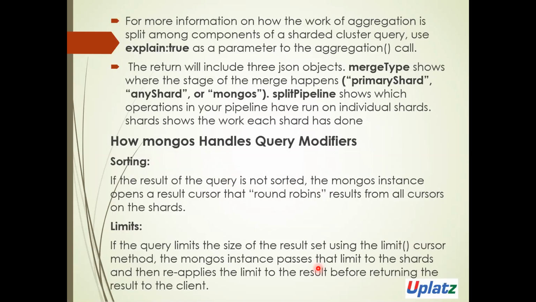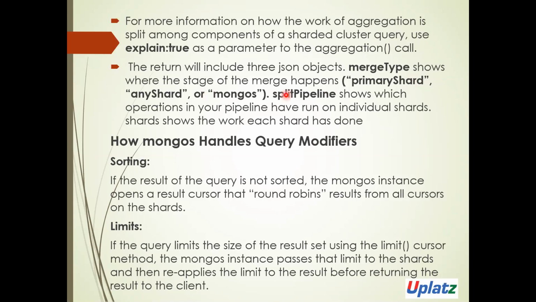For more information on the components of the sharded cluster query, we need to set explain to true as a parameter to the aggregation call. This will return a JSON object. The merge type will show where the merge stage is happening, either on the primary shard, any shard, or the mongos.